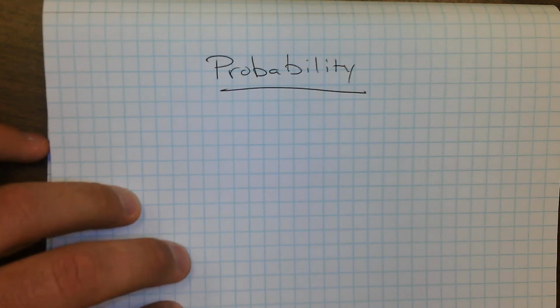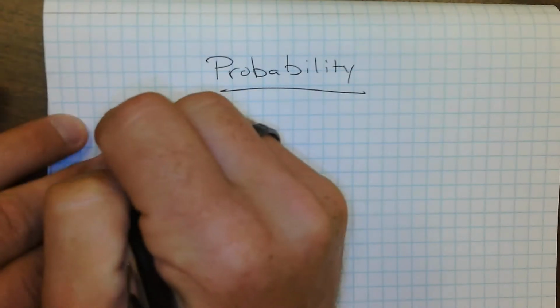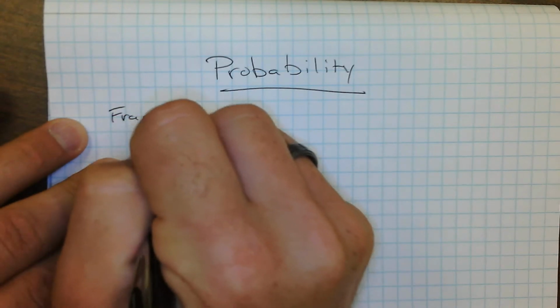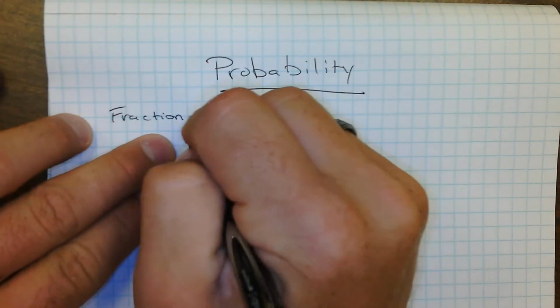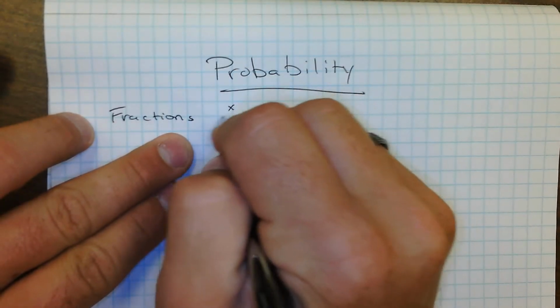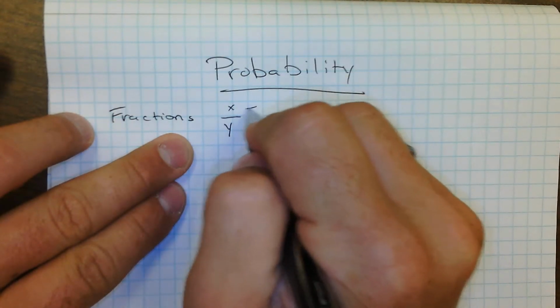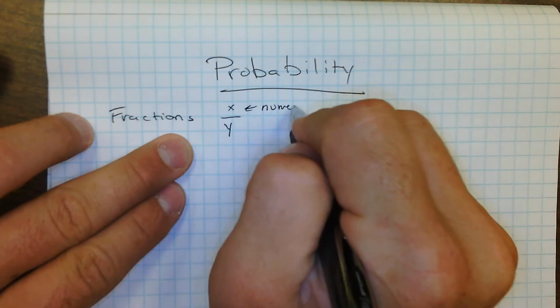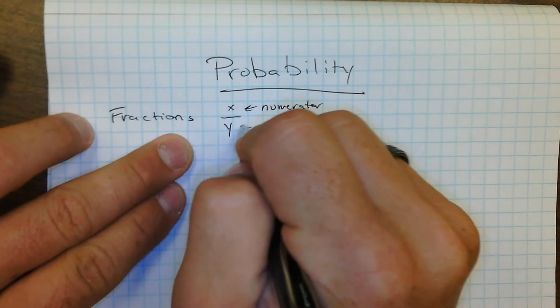First thing we need to know about probability are fractions. Okay, so with fractions, you got a numerator, you got a denominator.